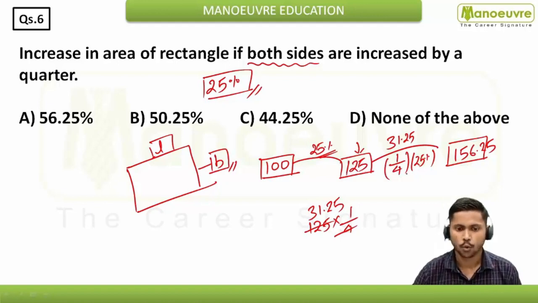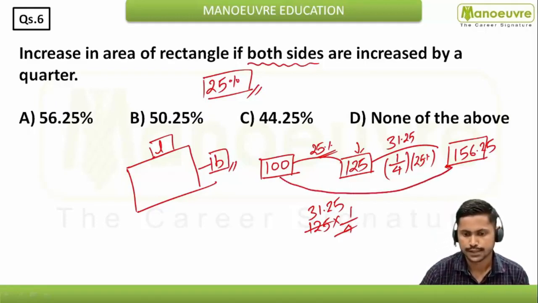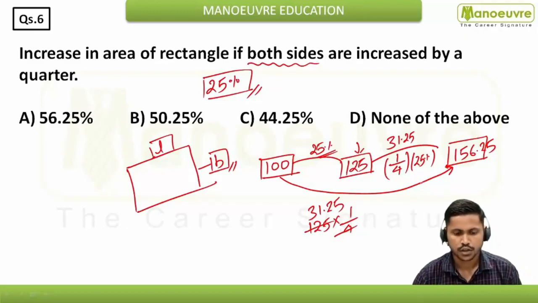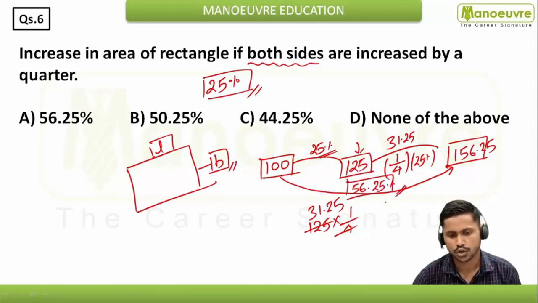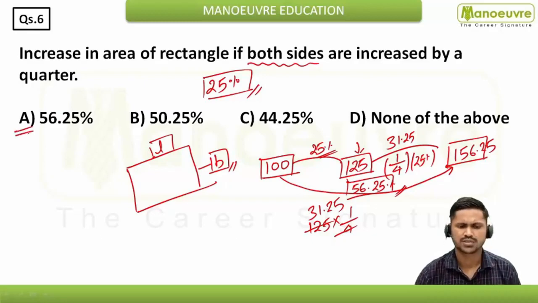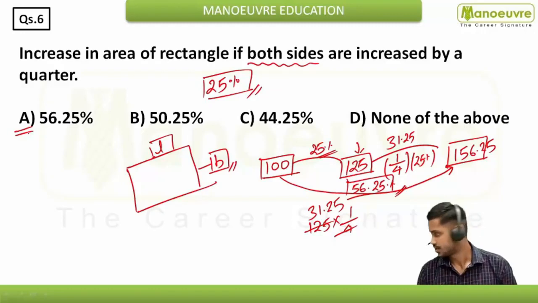So I can say the overall area has increased from 100 to 156.25, which is an increase of 56.25%. That is your option number first. This is how easily, by successive percentage increase, you can do this question.